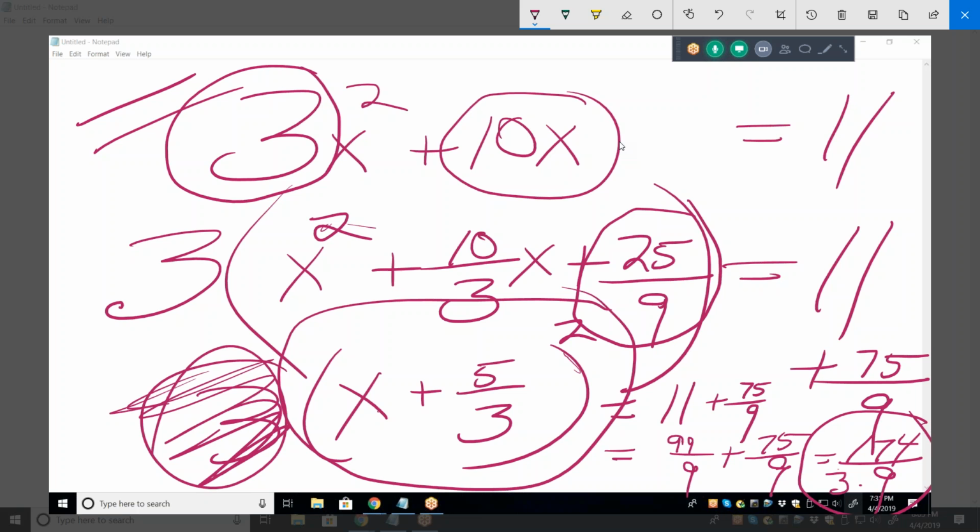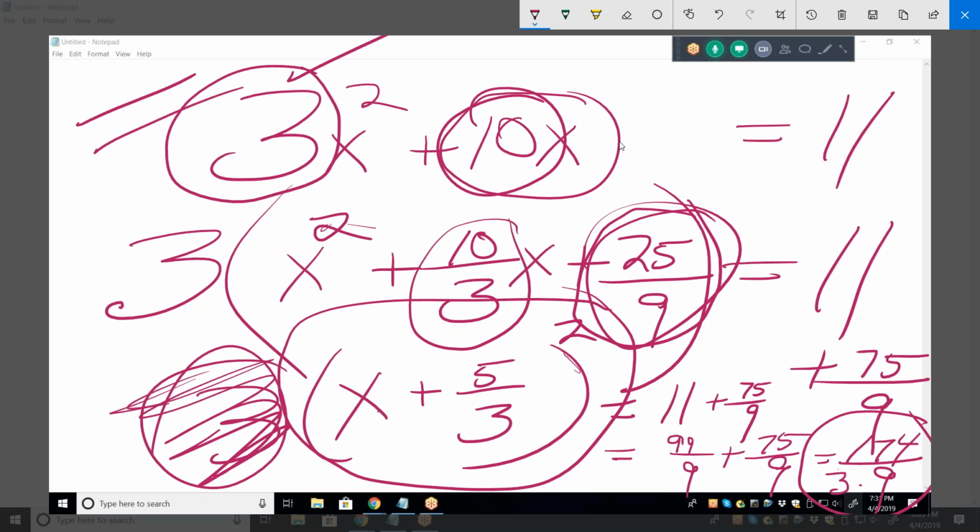Because you have to factor out a 3, doesn't matter whether 10 is divisible by 3 or not. You get this odd fraction, but you can still take half of that and square it, which is 25/9. Add 25/9 times the 3 to the other side, and you're halfway towards the solution.